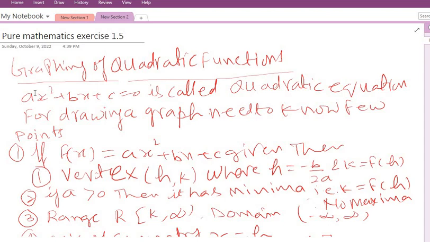Number two, if a is positive, that means greater than 0, then it has a minimum value. That means there is no maxima, and that minimum value will be calculated by k = f(h).